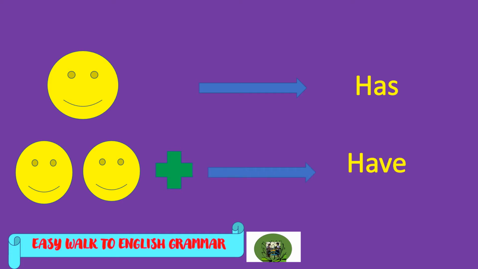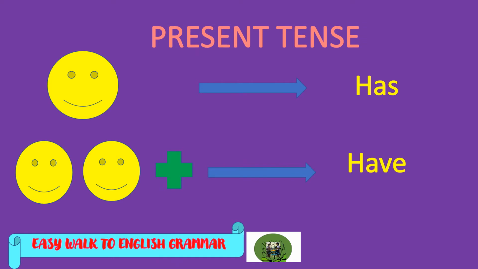Have is the plural form of have. Where will this be happening? This rule is applicable in present tense. Present tense means things happening at the present time.